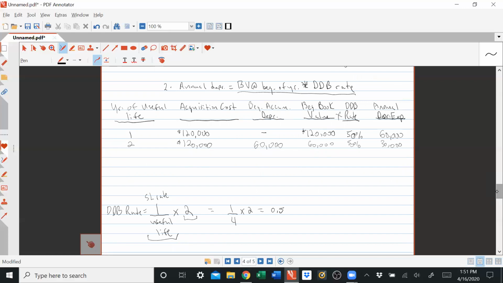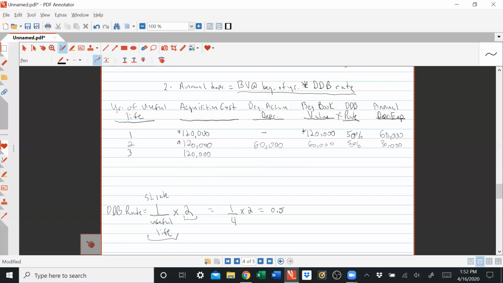Now keep in mind, we can never depreciate the asset below its salvage value. So as long as our book value doesn't get below salvage value, we're okay. Year 3, beginning accumulated depreciation.